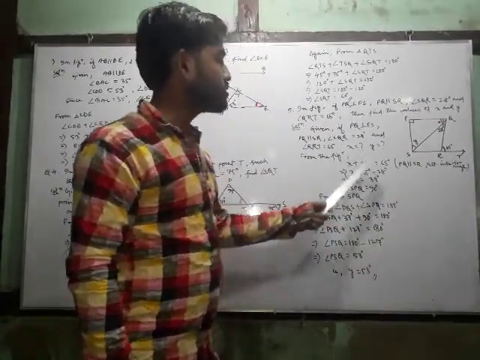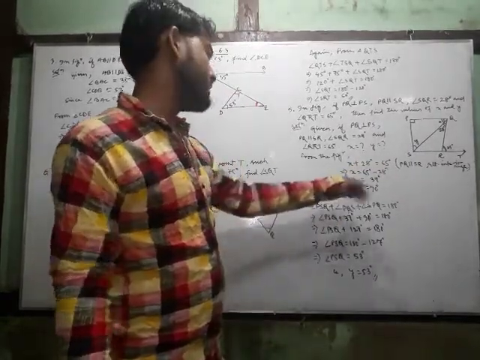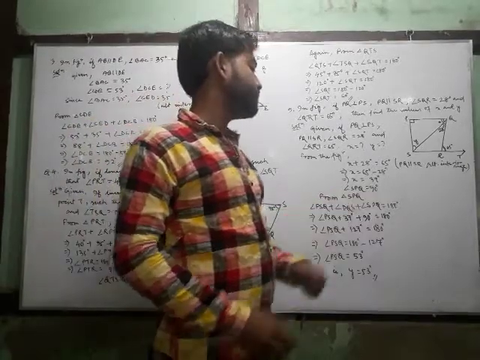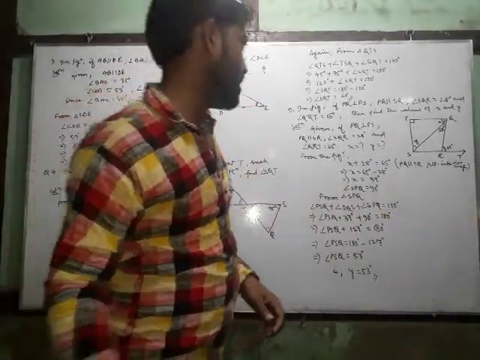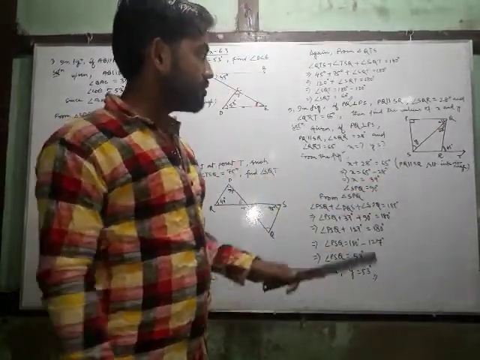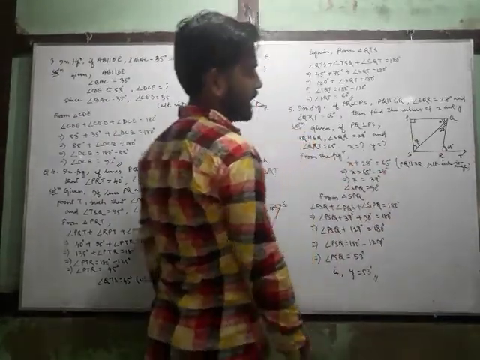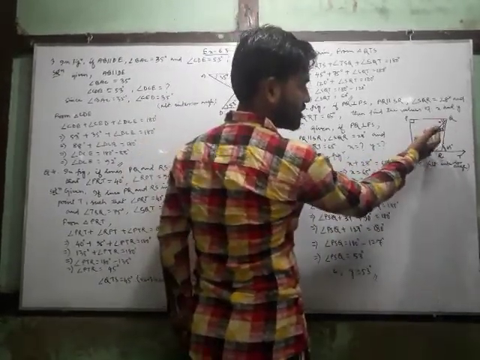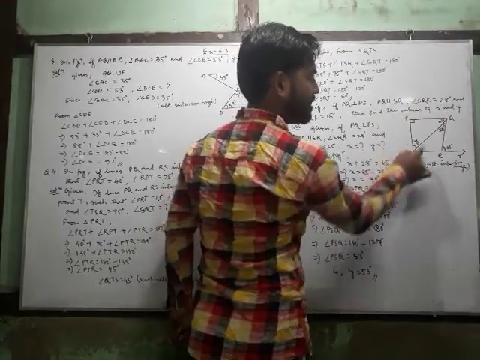Now X equals 65 minus 28, and we get the value of X as 37. Now we have found one requirement, X, and we are going to find the value of Y. How to find this Y? Observe the diagram. In this diagram, this particular Y is lying on the triangle PQS.